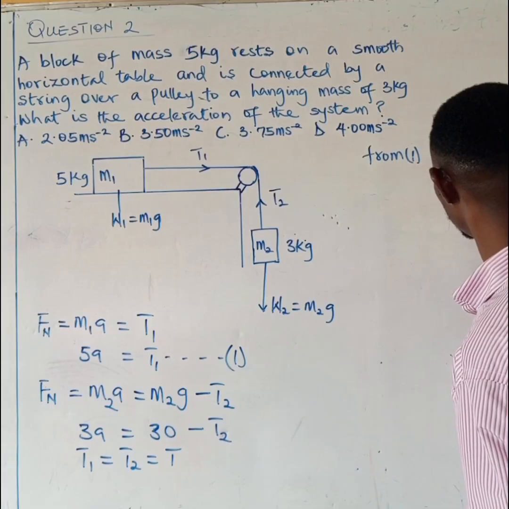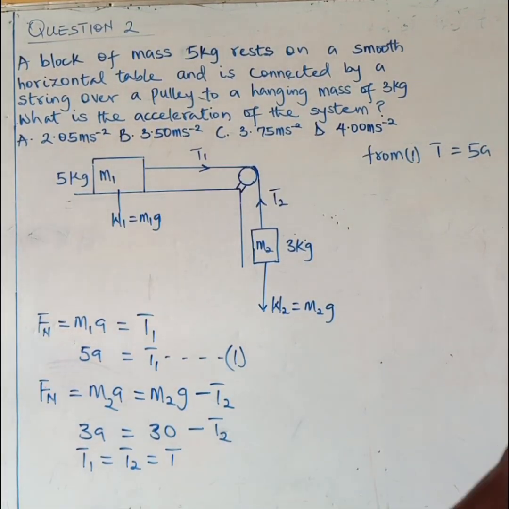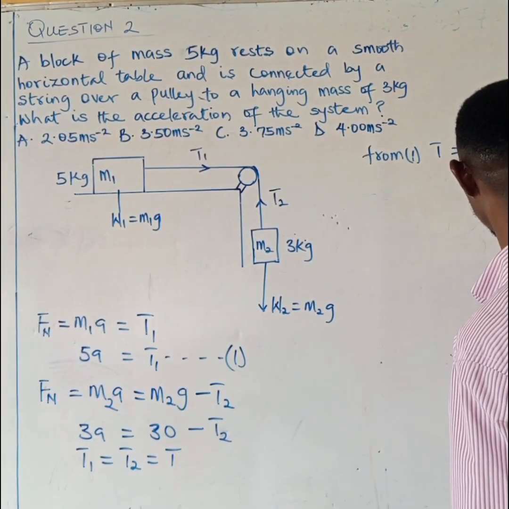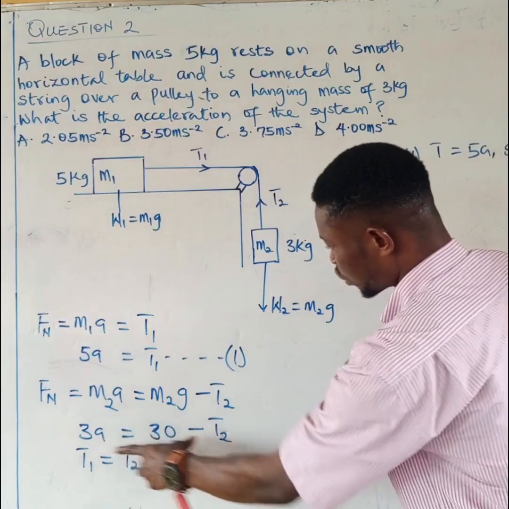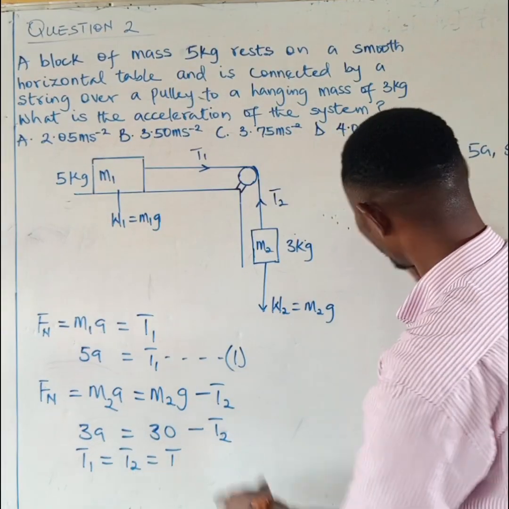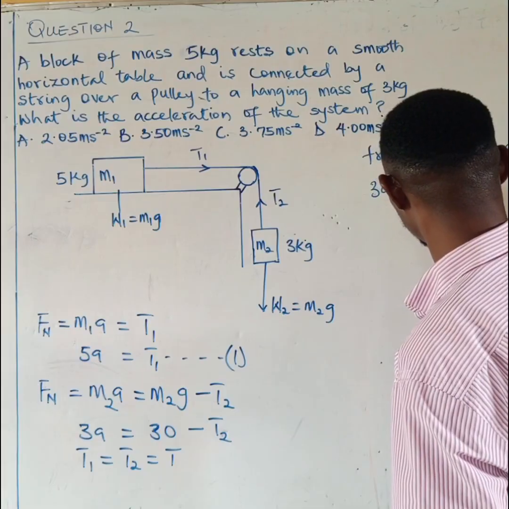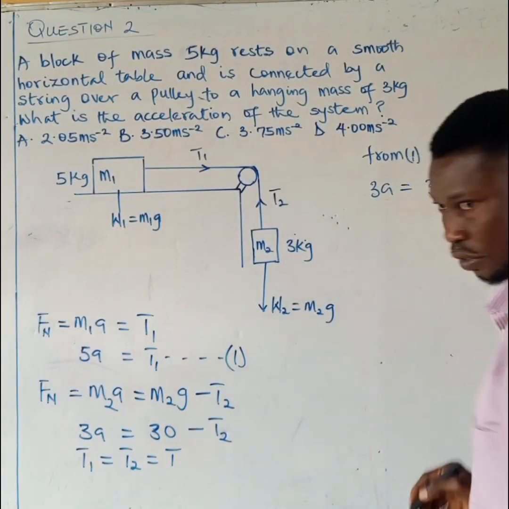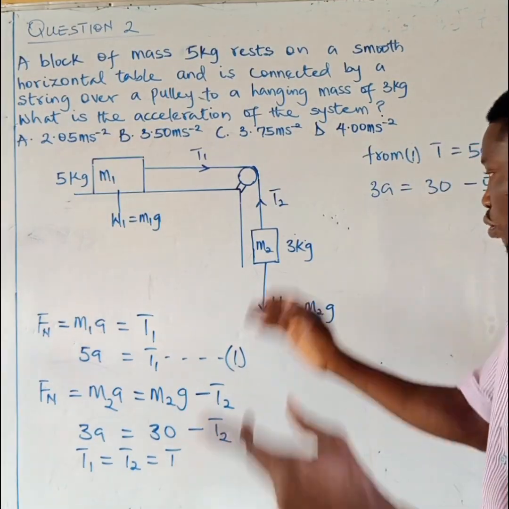T is equal to 5A. So we substitute this in equation 2. We have 3A is equal to 30 minus 5A, since T1 is the same thing as T2 and is equal to T.